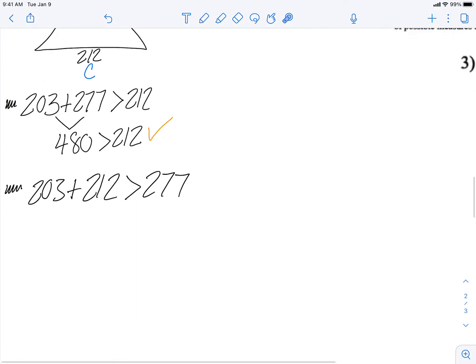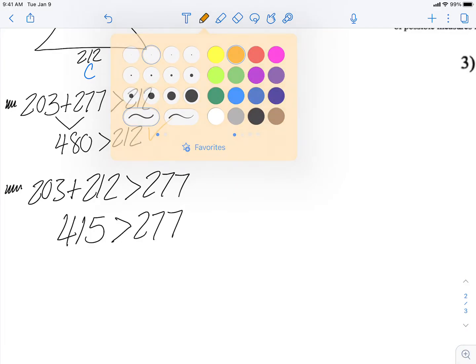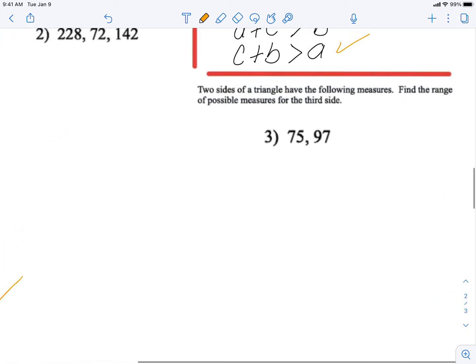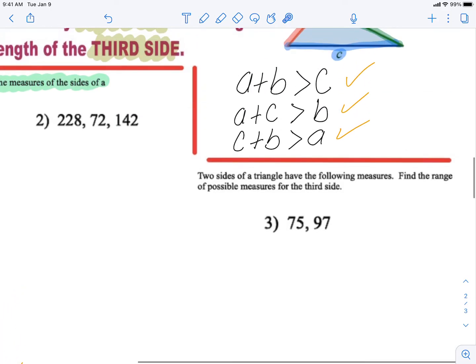Well, 203 plus 212 is 415. Is 415 greater than 277? For sure it is. Two checks. I need one more check. I got one check, two checks. I need the third check now.